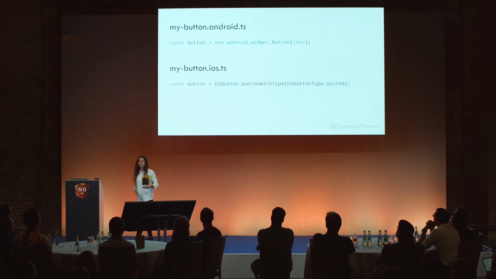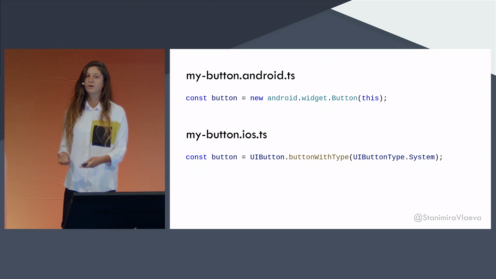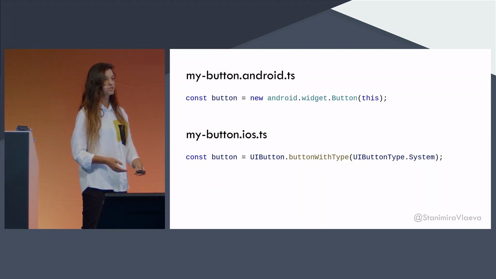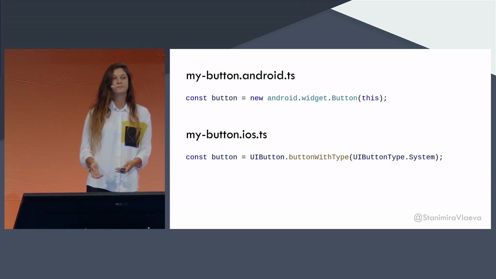For example, we can write JavaScript or TypeScript or whatever, and access the underlying API for creating a new button in Android. Or we can do the same thing and create a new button for iOS. And whenever we build the application for Android or iOS, it is going to just create a native widget.